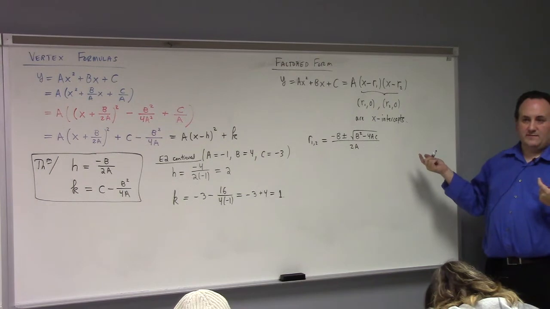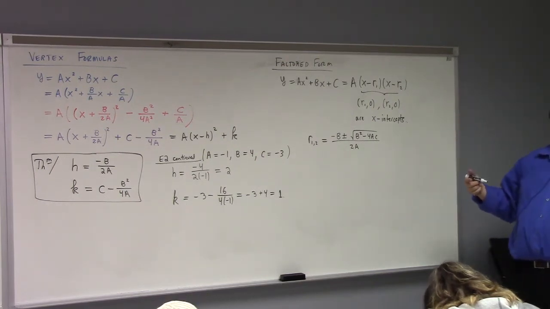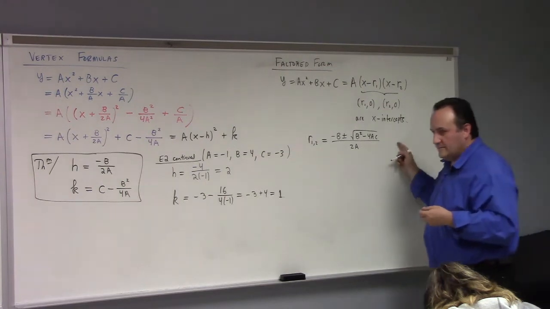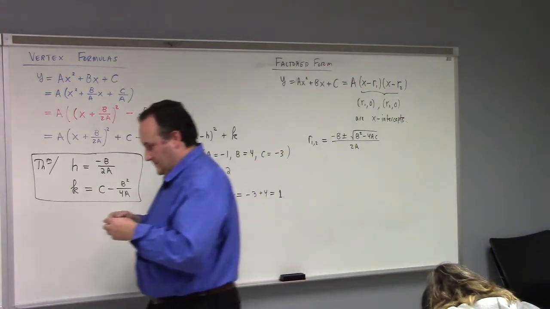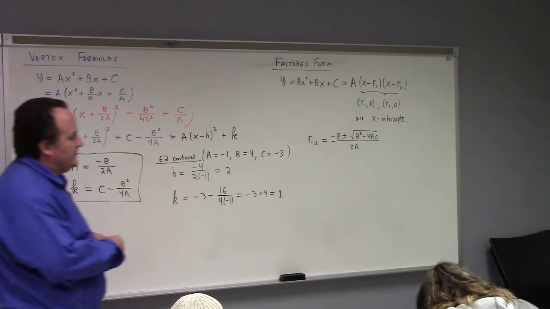And what else can we derive from this? But there's fine print here, right? What's the fine print? If I'm going to say those r1 and r2 are x-intercepts, they had better be real numbers, right? How can I be sure that r1 and r2 are real numbers?